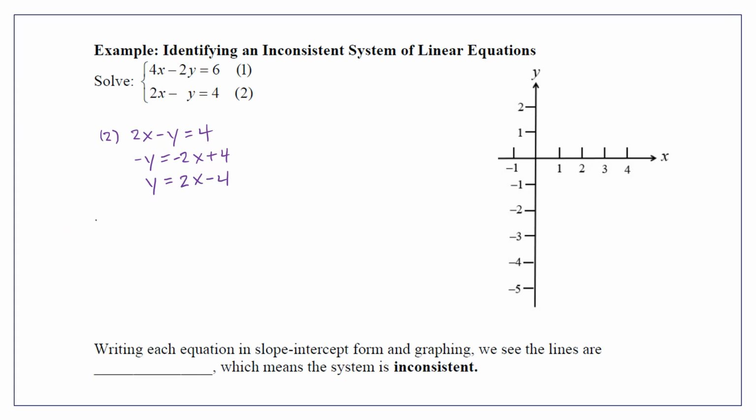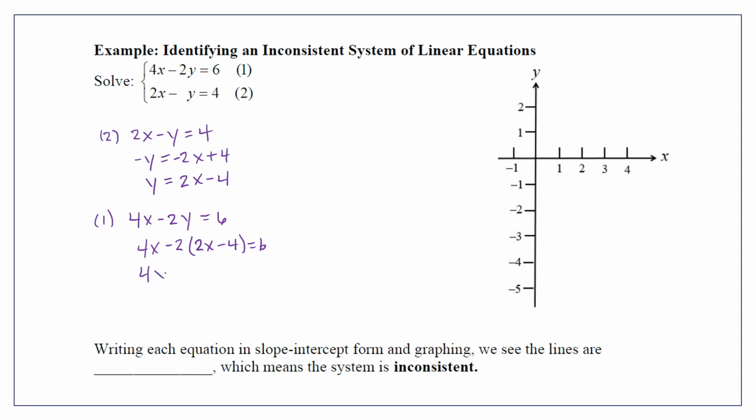So then I'm going to take equation number 1 and I'm going to substitute in that expression for y. Let me first write that out for you so you have that. 4x minus 2y equals 6. So now I have 4x minus 2 times 2x minus 4 equals 6.